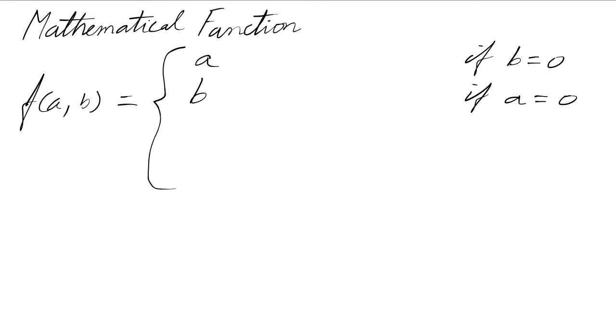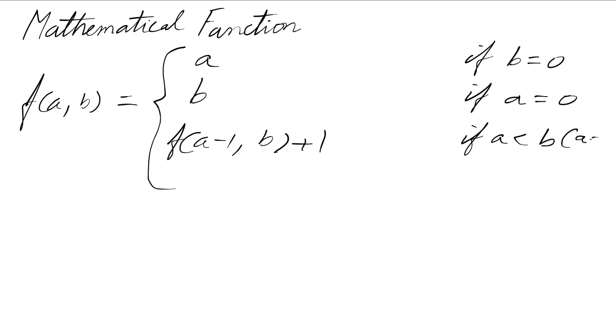We are now ready to look at the mathematical function. f of a, b equals a if b equals 0. It is b if a is 0. It is f of a minus 1, b plus 1 if a is less than b and a is unequal to 0 and b is unequal to 0.